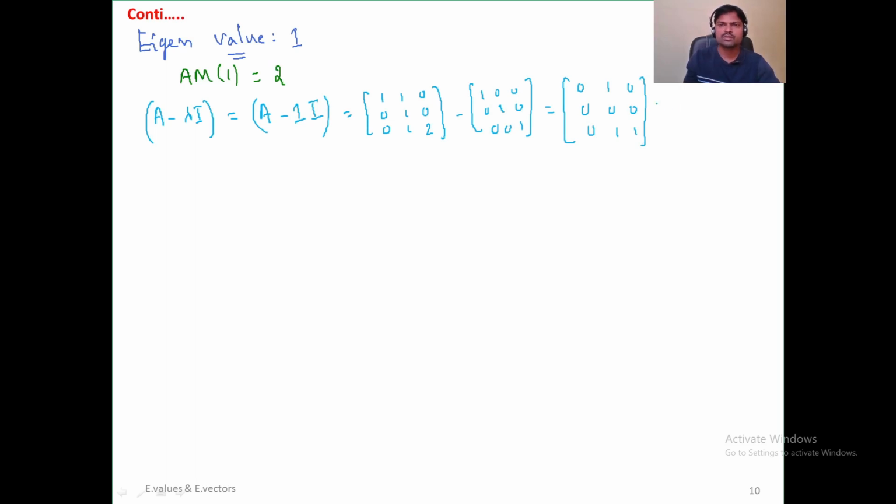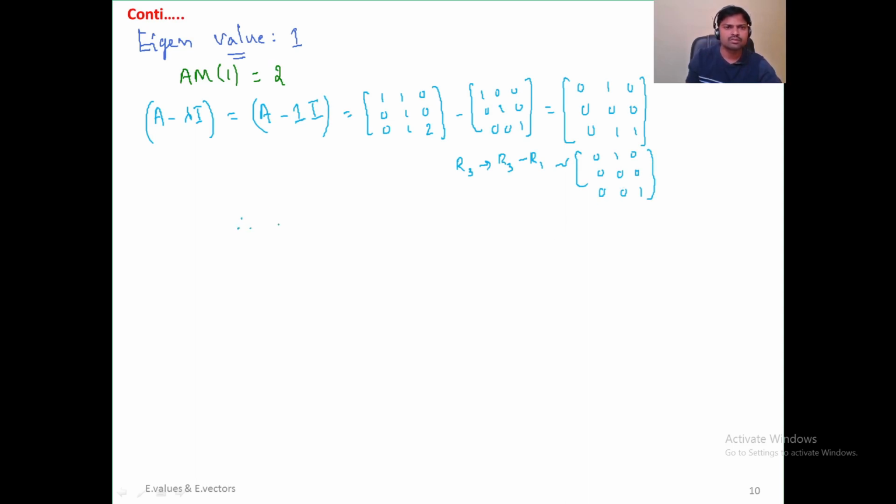Again this one, if you want you can modify, or you can keep it like this, no problem. This step is not required. What I am doing is R3 is modified as R3 minus R1. Now this becomes [0 1 0; 0 0 0; 0 0 1]. After that you interchange these two rows. I am not doing much more, and here I can conclude directly.